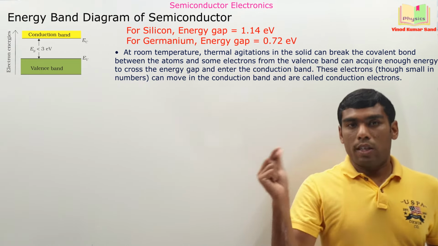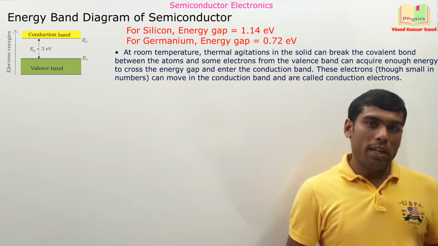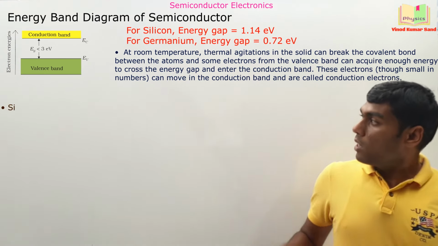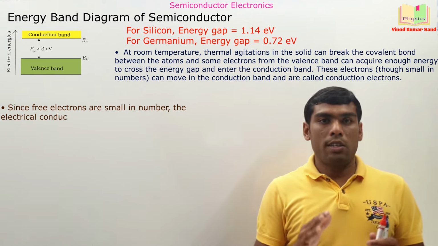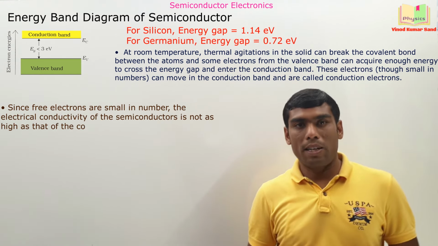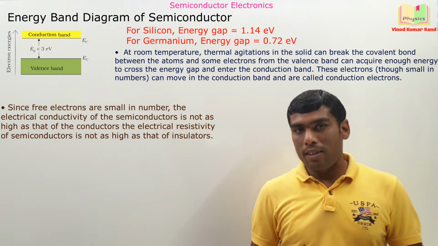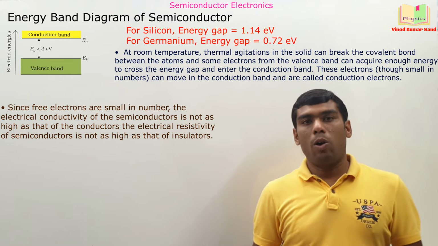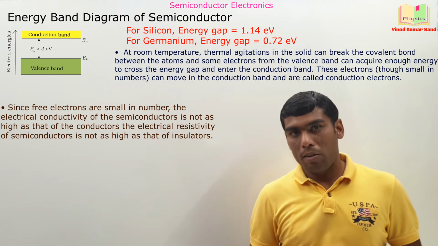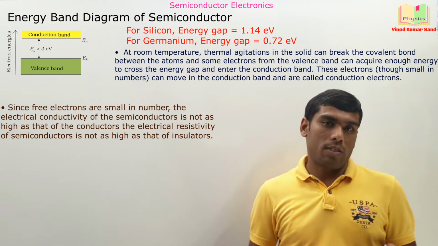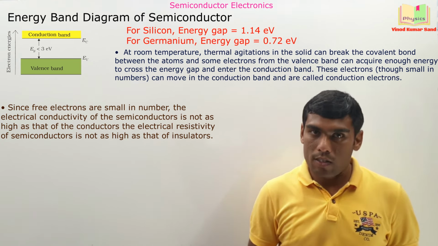These electrons can move freely in the conduction band and hence they are known as conduction electrons. Actually, the number of such electrons is small as compared to the metals. That's why the conductivity of the semiconductors is less as compared to the metals, and their resistivity is also less as compared to the insulators.